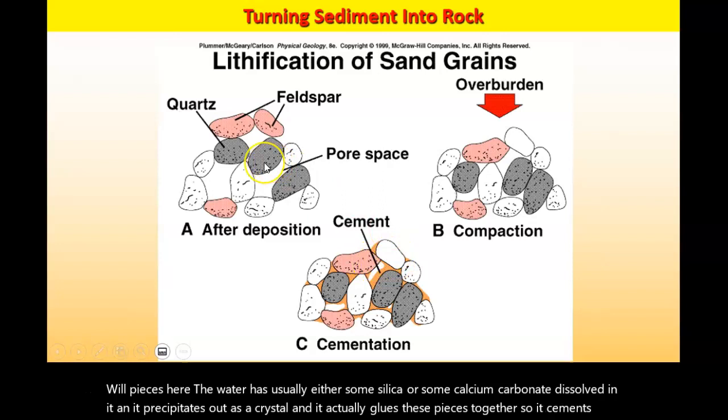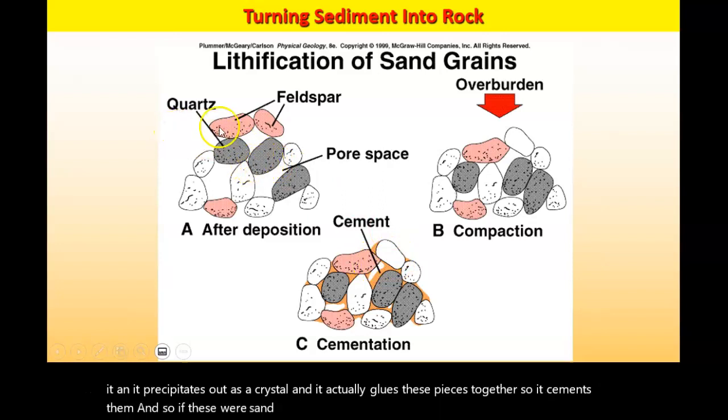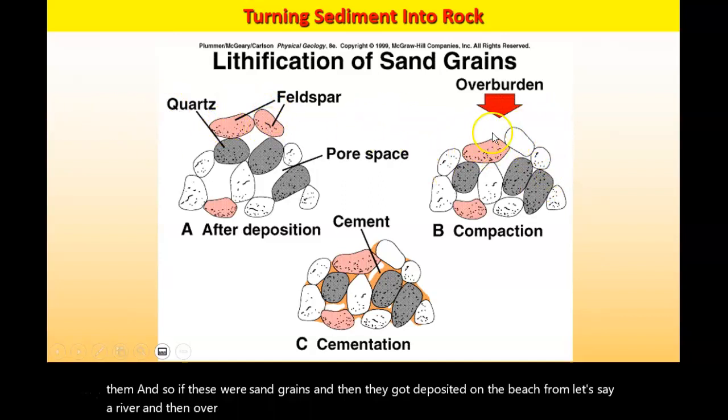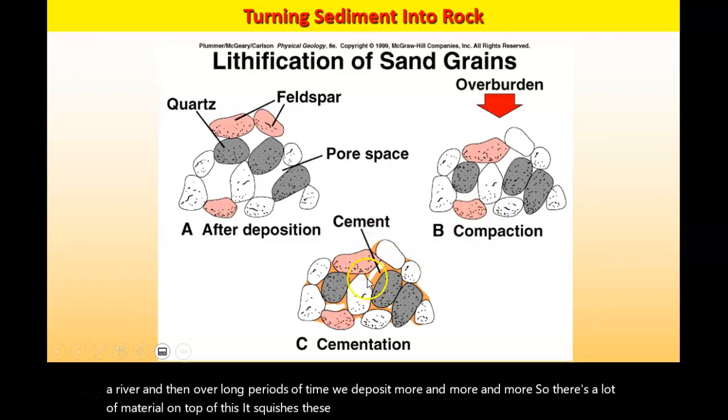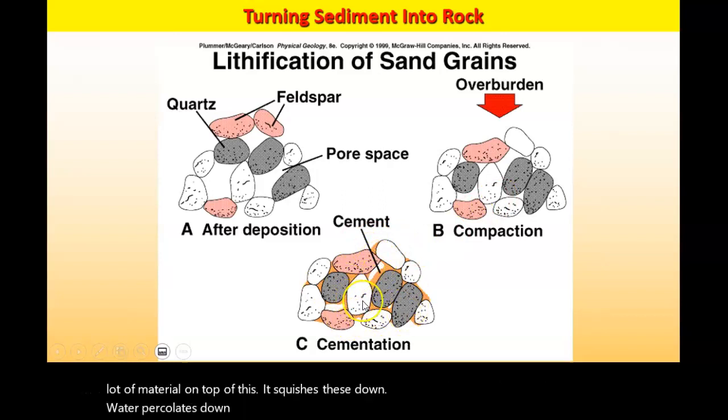And so if these were sand grains and then they got deposited on the beach from, let's say, a river, and then over long periods of time we deposit more and more and more, so there's a lot of material on top of this, it squishes these down, water percolates down through here and eventually cements it. That can turn that into, let's say, a sandstone if these were sand pieces.